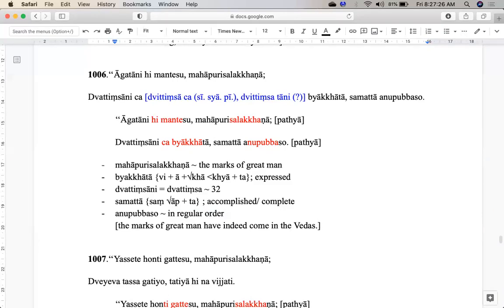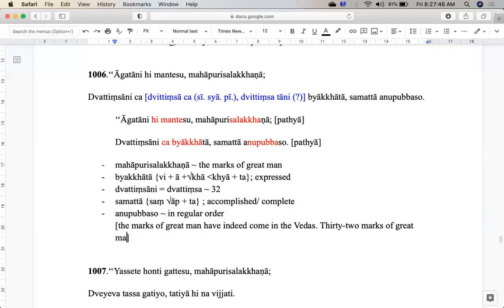Dvattiṃsāni mahāpurisa lakkhaṇāni, the 32 marks of great men, have been completely expressed in regular order.